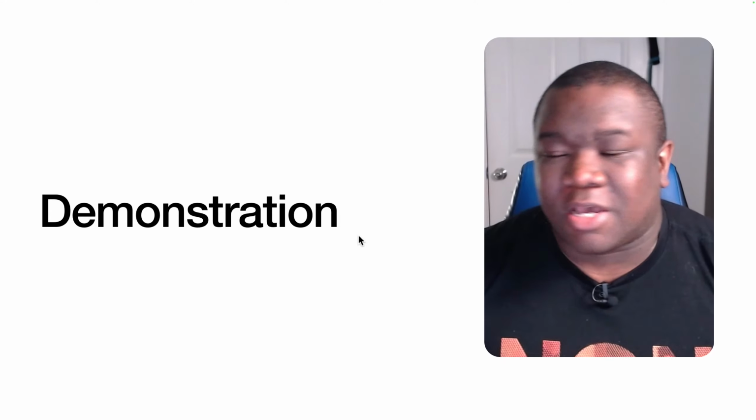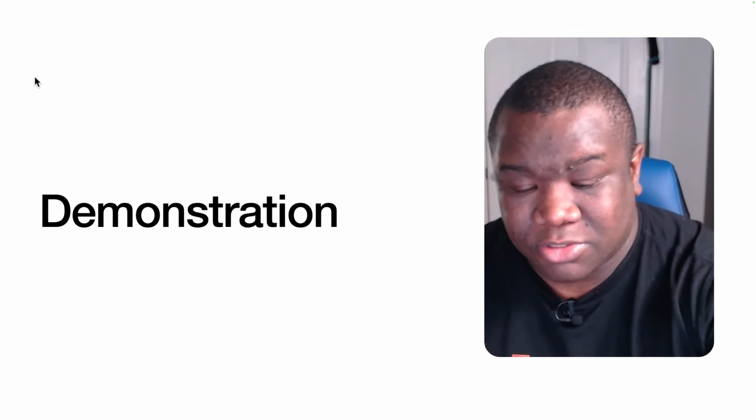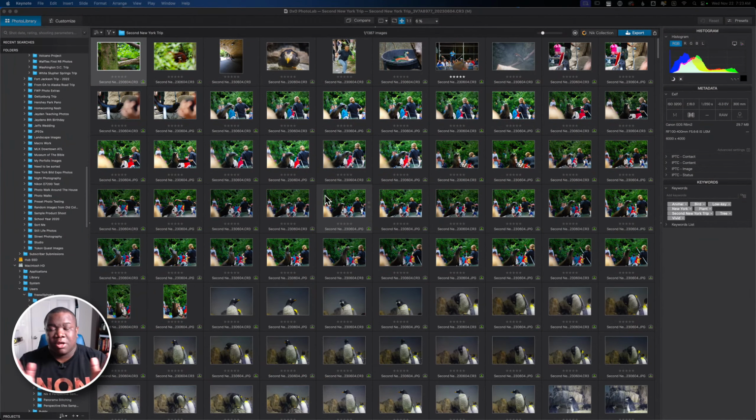So now it's time to jump into the demonstration. Let's go ahead and do that right there. I'm just going to minimize these slides because we don't need those anymore, and then we will jump back into the computer. And here we are inside of PhotoLab 7.